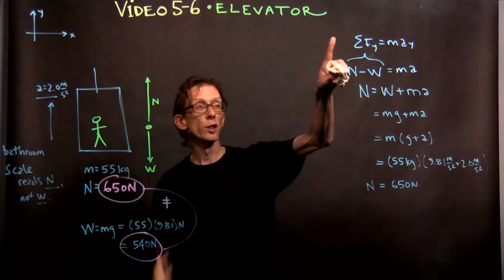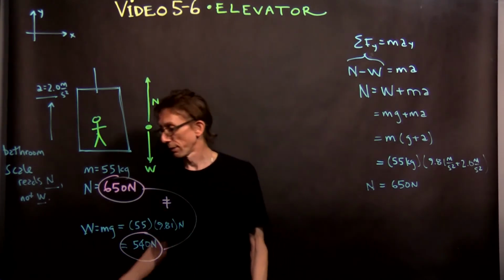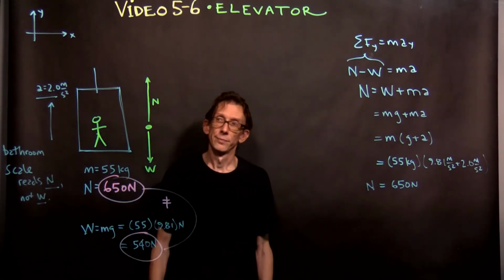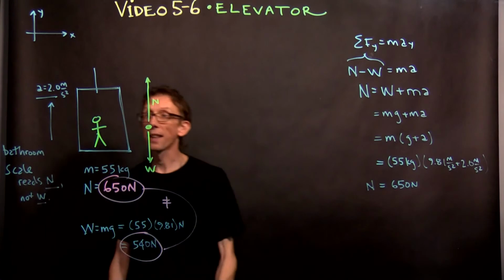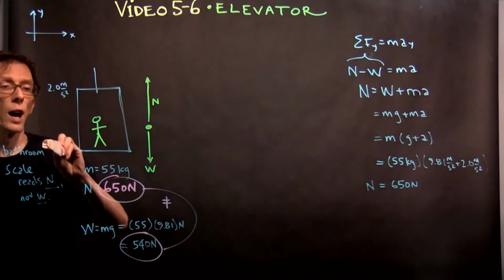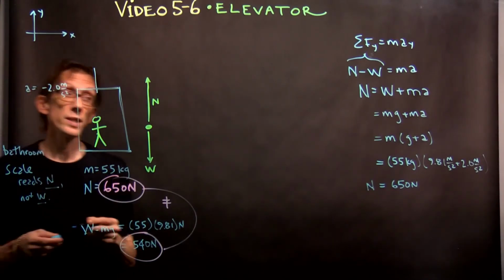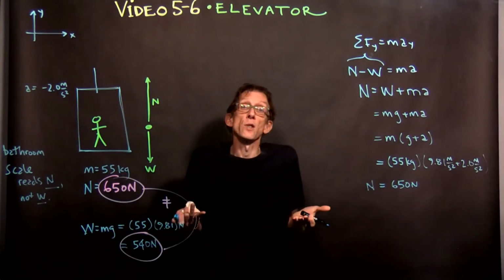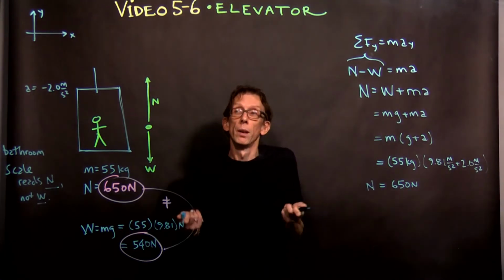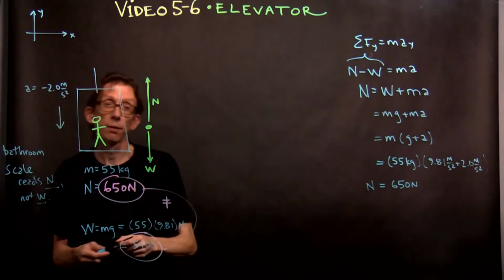How would all of this look different if the acceleration were negative? Okay. Let's say that our acceleration, so we're moving up but slowing down. This is where you get to the top of your trip and you start to stop. During that brief amount of time, the acceleration is down.